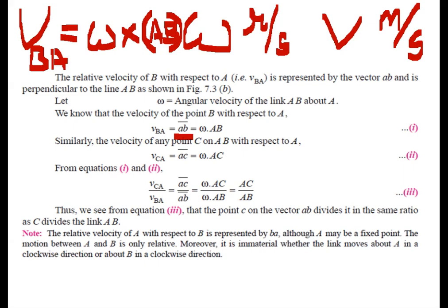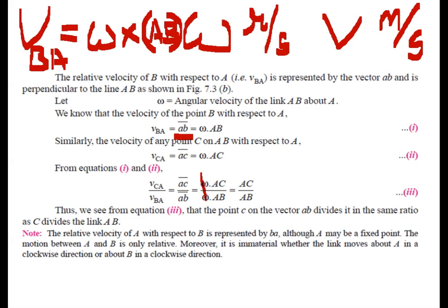Similarly, the velocity of any point C on AB with respect to A, that is VCA, will be the vector AC, that is omega into AC. So just multiply by the length of the link. Therefore from equations 1 and 2, VCA by VBA is equal to AC by AB, that is omega into AC by omega into AB.